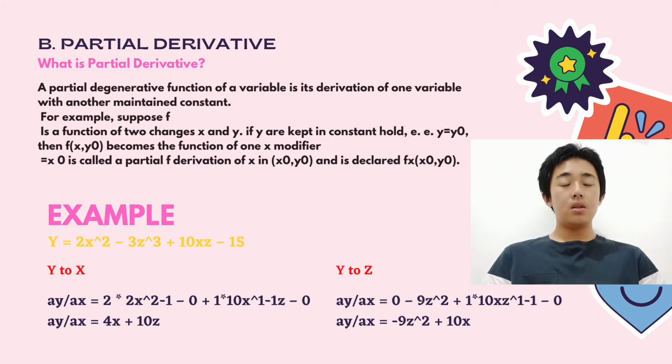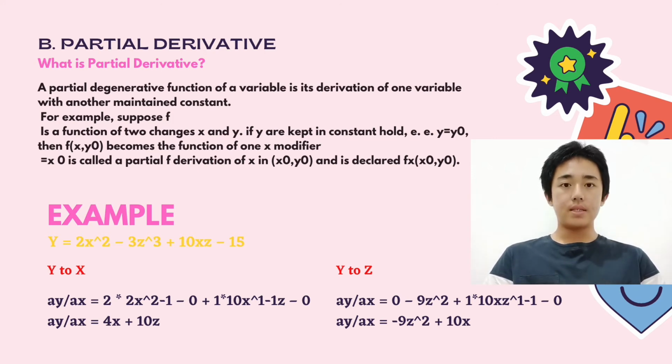So the first question is to find dy by dx. Now, because we focus on finding this derivative for x, it means we treat z as a constant. Therefore, when we differentiate the z term, it will be 0.